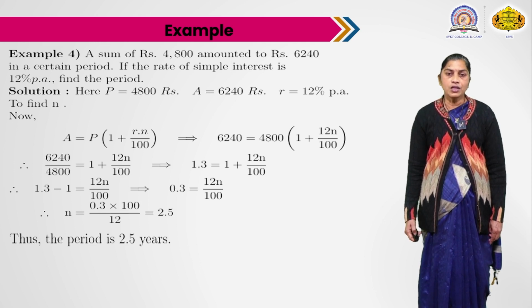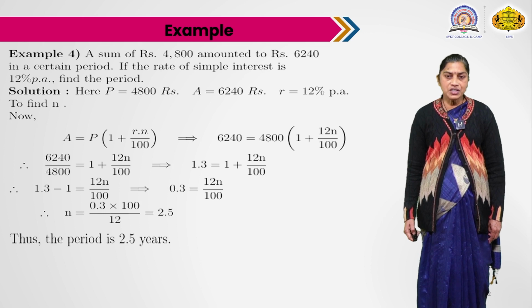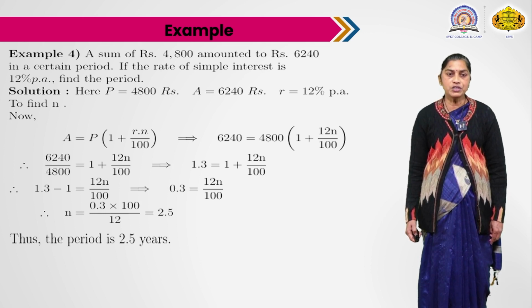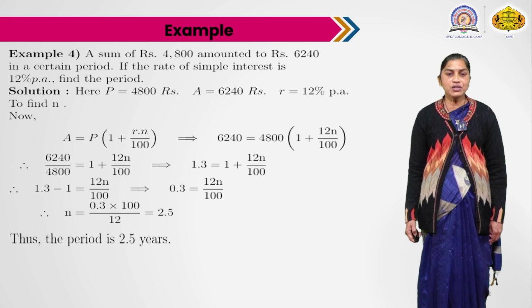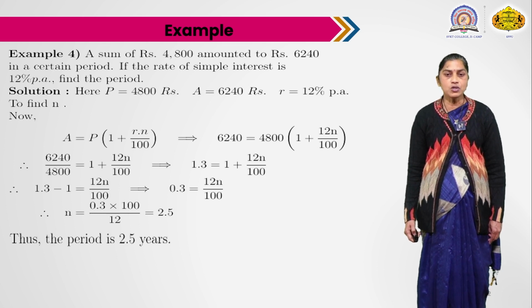Now on the RHS, the amount is 4,800, so divide by it, and therefore 6,240 divided by 4,800 is equal to 1 plus 12n upon 100. After calculation, we get 1.3 is equal to 1 plus 12n upon 100.